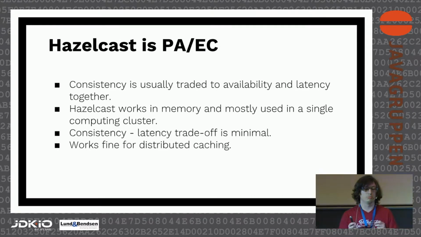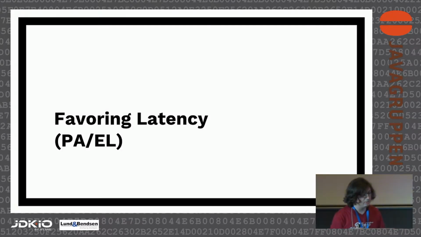And this combination, PA/EC, makes sense when availability is important and infrequent inconsistencies are acceptable, like distributed caching scenarios. So we allow our caches to be invalid for some time. But since we cannot eliminate the possibility of inconsistency with this protocol, some applications may demand to give up on consistency a little bit more to get a better latency promise.